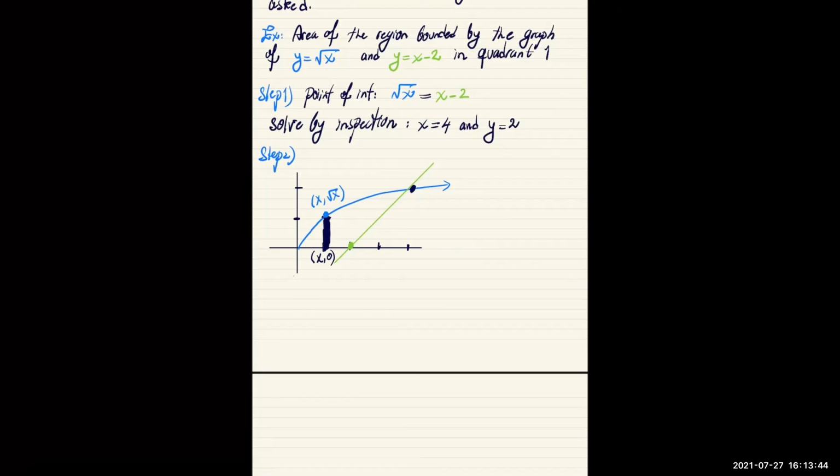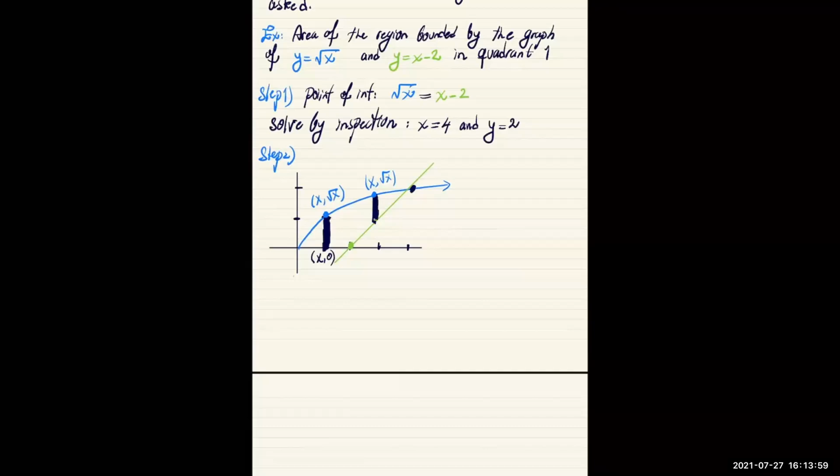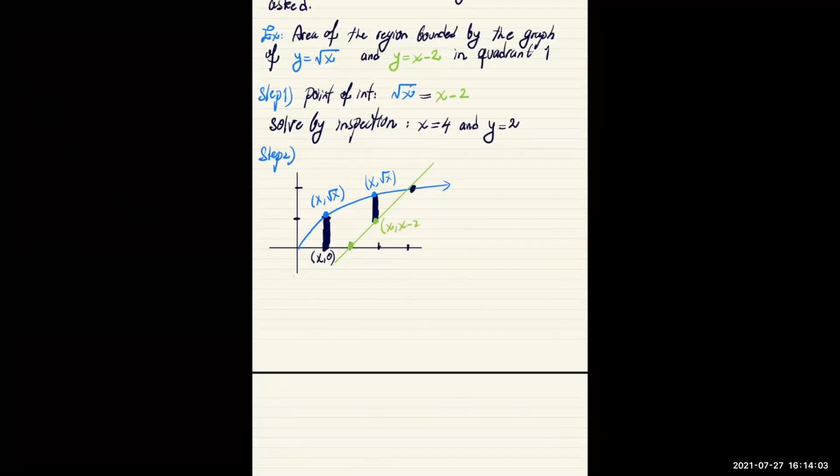Whereas if I draw a rectangle like that, the top is just like before, x, root x, but the bottom is going to be on the green graph, which is x minus 2.